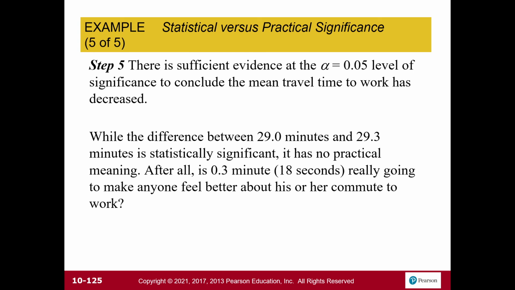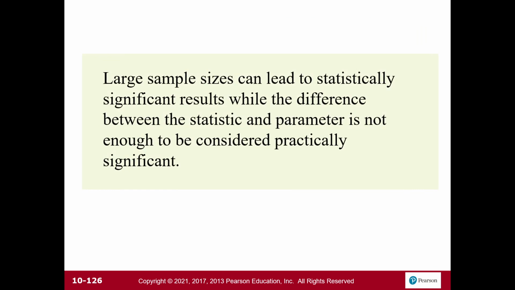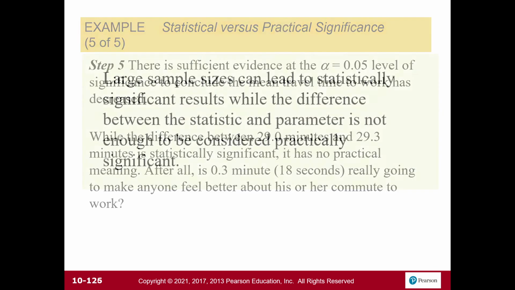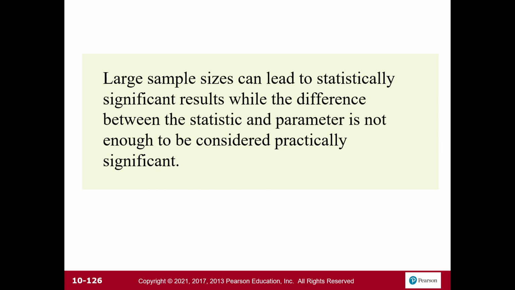And we're going to say that while the difference between 29 and 29.3 is statistically significant, it has no practical meaning after all. 0.3 or 18 seconds really is not going to make anyone feel better about his or her commute to work. So here, large sample sizes can lead to statistically significant results, while the difference between the statistic and the parameter is not enough to be considered practically significant.